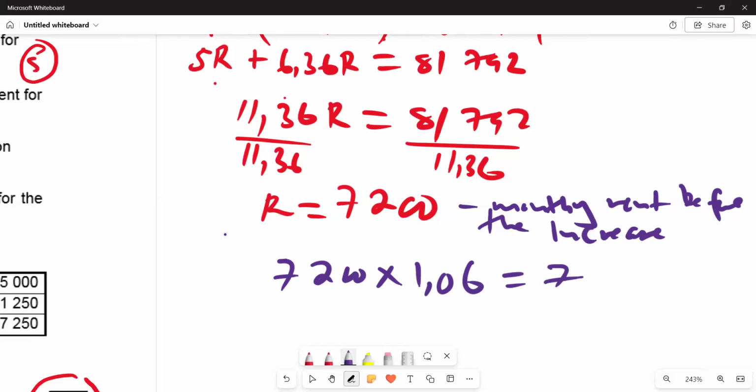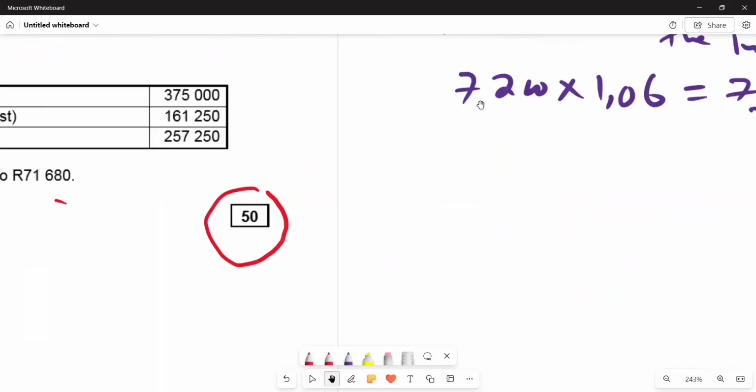So after the increase, it was now 7,632. This is the one that is also going to apply for June, which was not yet received. So we add it to the figure for the total rent given in the list of balances, which is 81,792, to get the total rent for the period. So we go to the other section and adjust as such.